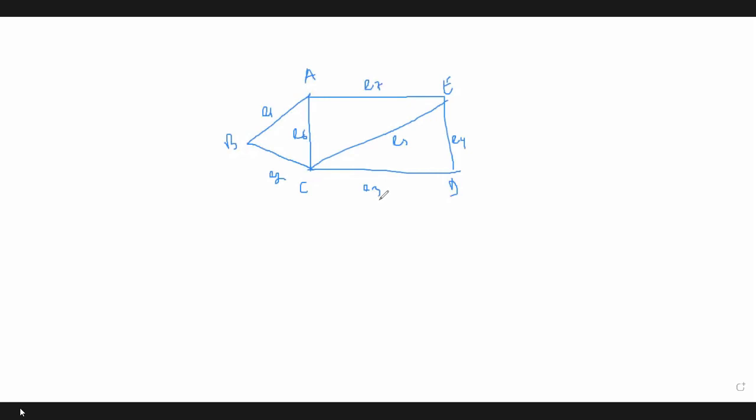Now suppose we are assigning some values to each of these edges. E1 equals 5, E2 equals 2, E3 equals 1, E4 equals 2, E5 equals 1, E7 equals 3, and E6 equals 3.